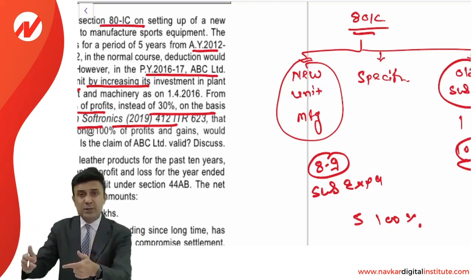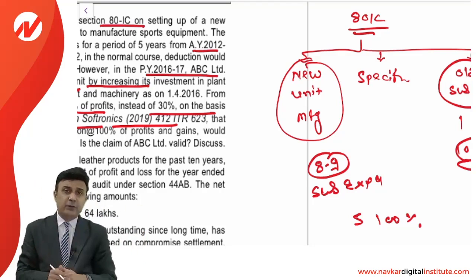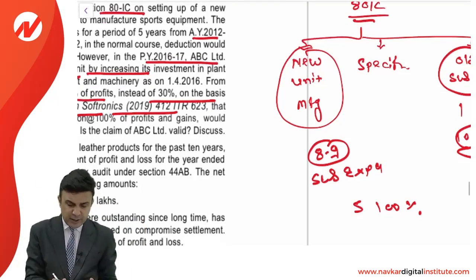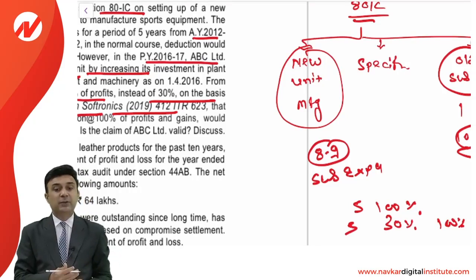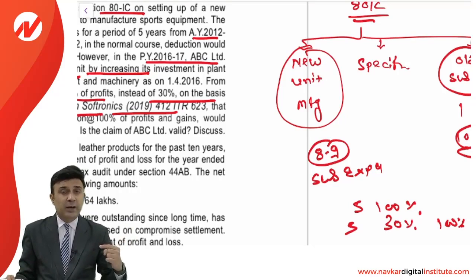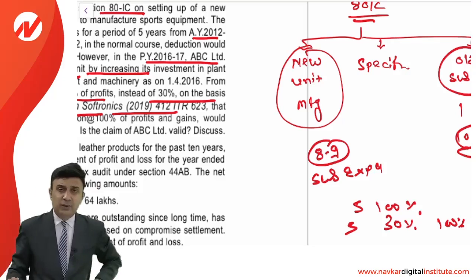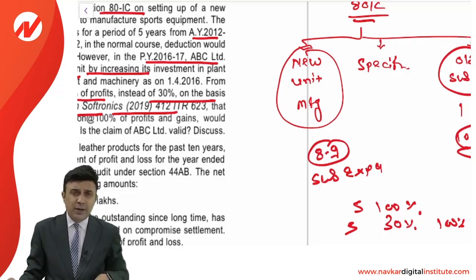If he goes for substantial expansion, then also the remaining 5 years would be available. But if he doesn't go for substantial expansion, he will get 30. If he goes for substantial expansion, then they would be counted as the first 5 years of substantial expansion only, and my client, my assessee, would be able to get 100%.